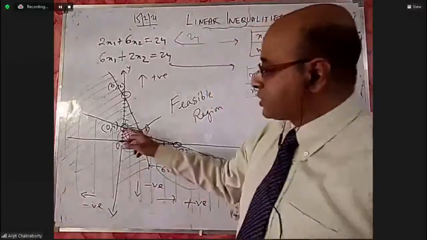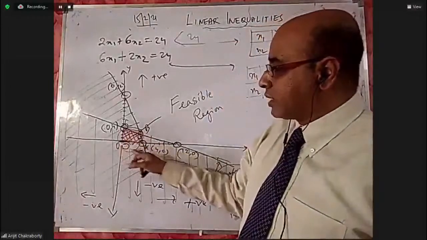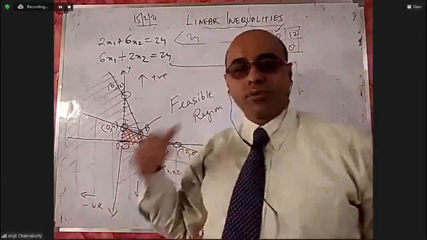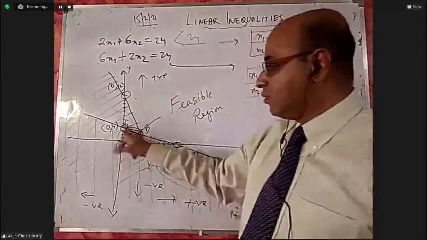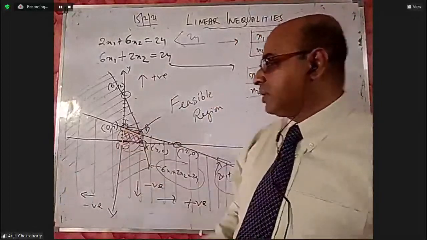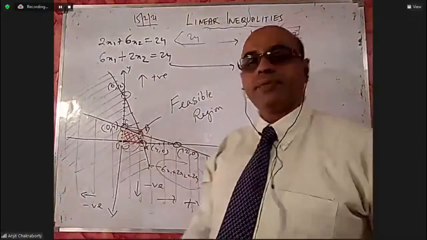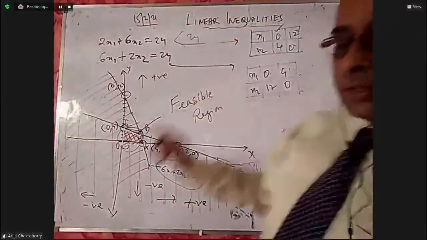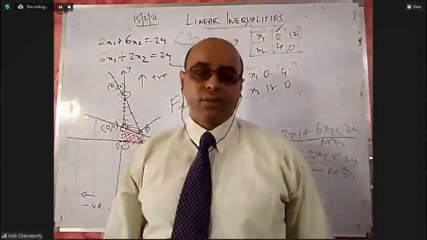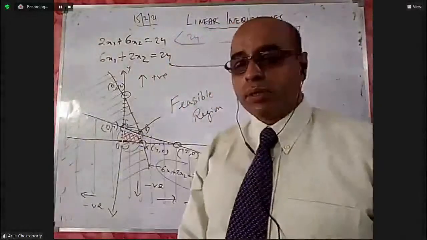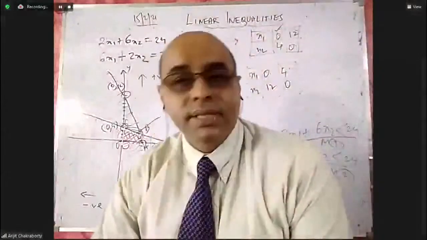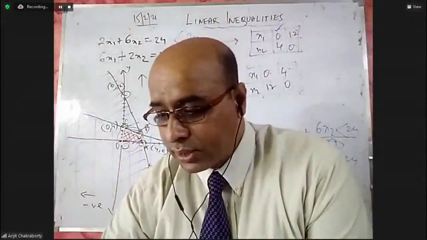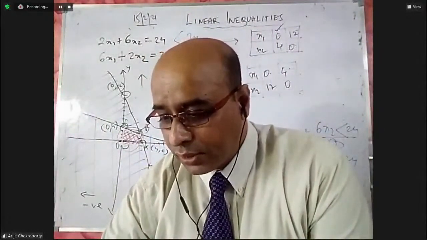This is given by the red marked area, which is a quadrilateral, 4 lines, 1, 2, 3, 4. So we have 4 points, and this gives you the bounded region, or the feasible region, for the given problem. It's a wonderful problem in the Board of Studies example on page 3.6, and good that we could do it in detail.